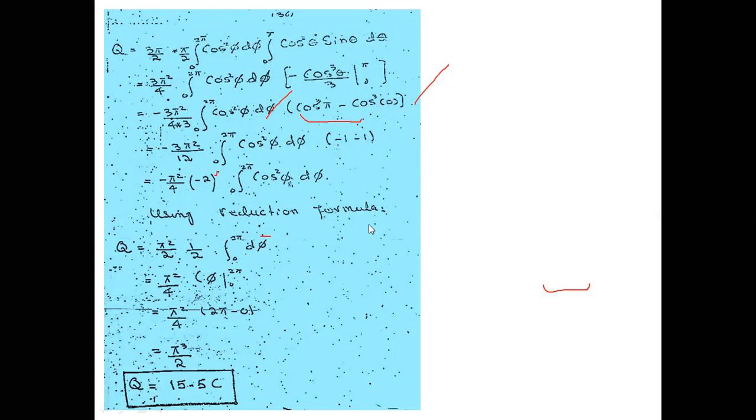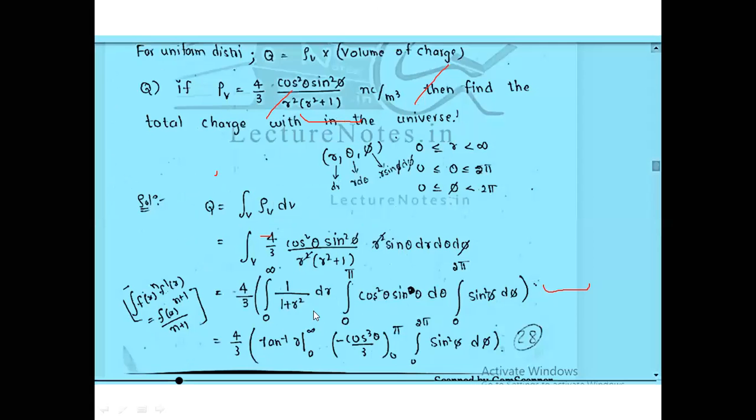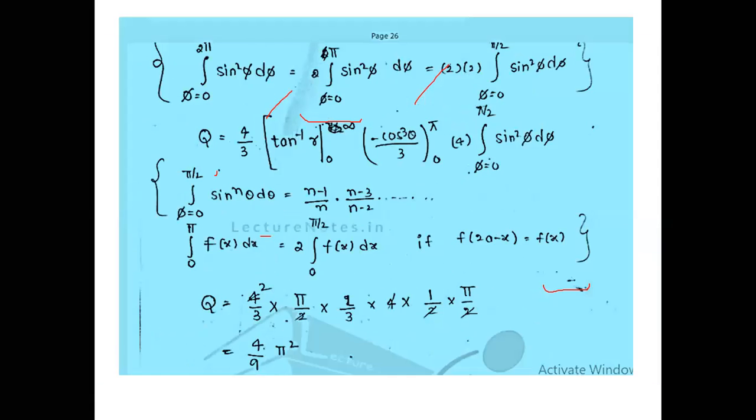Now using the reduction formula, we will get the integral from 0 to 2 pi of d phi, replacing 2 pi minus 0, and solving this, we will get 15 minus 5. This is the reduction formula.